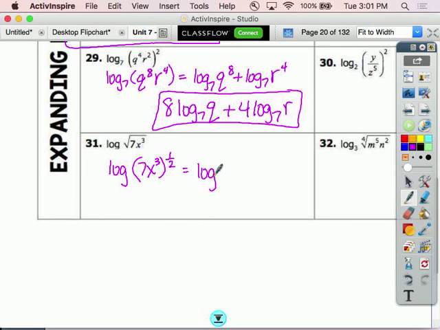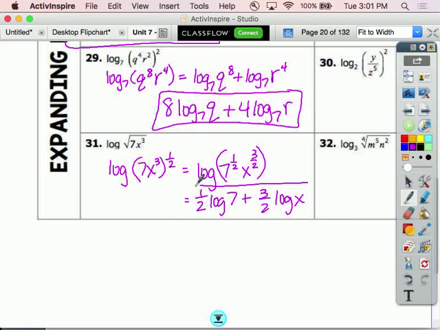So that's log of 7 to the 1/2, x to the 3/2, because when you multiply 3 times 1/2, you get 3/2. Then we're going to add these two. Why am I going to add them? Because it's multiplication, and I'm going to bring the exponents to the front. So that'll be 1/2 log 7 plus 3/2 log x. Final answer. Hallelujah.